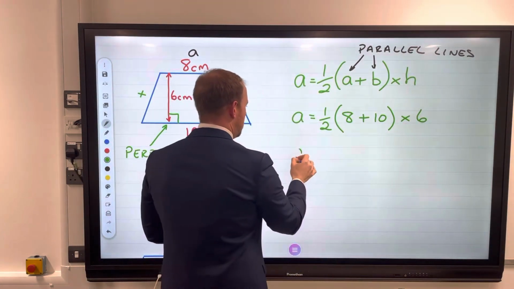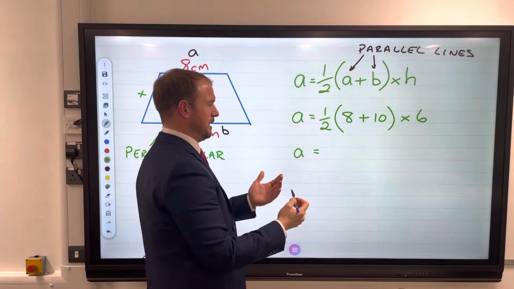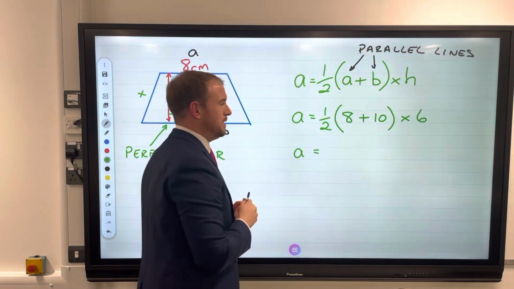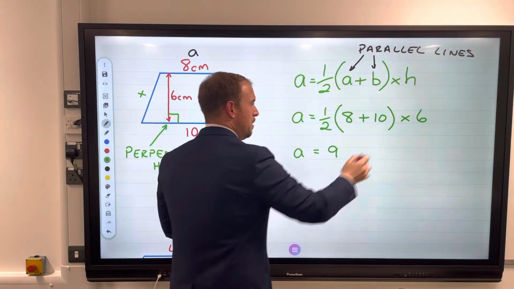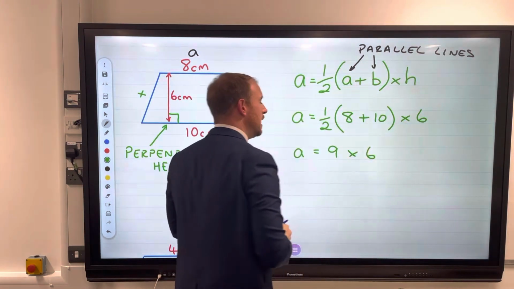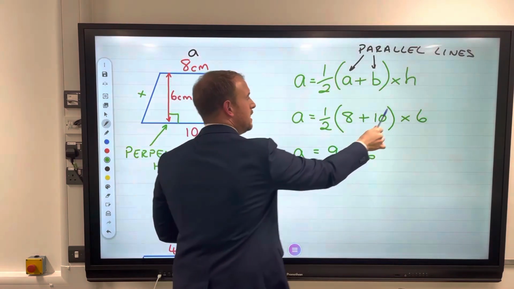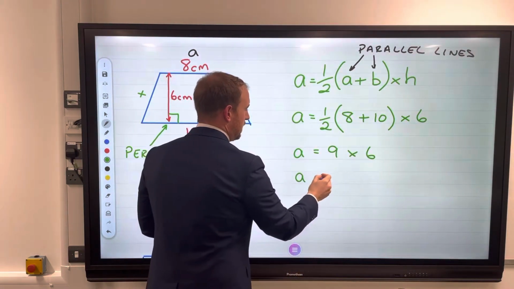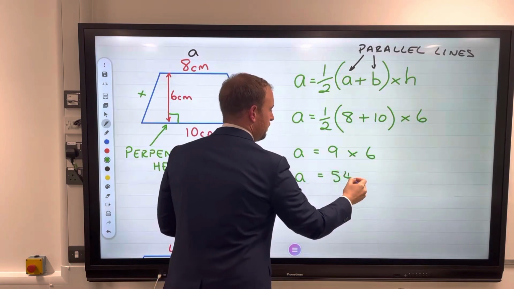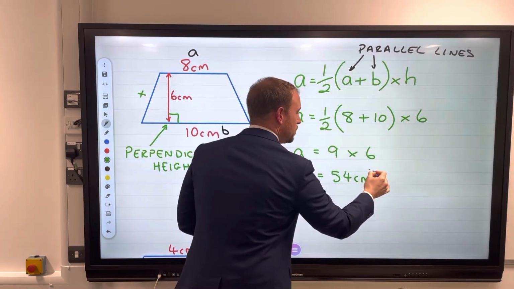So now we can start calculating. Brackets first, 8 plus 10 is 18. Half of 18 is 9, but I haven't timesed it by 6 yet. So you can see this 9 is the answer of this bit here. And then 9 times 6 is 54 centimeters squared.